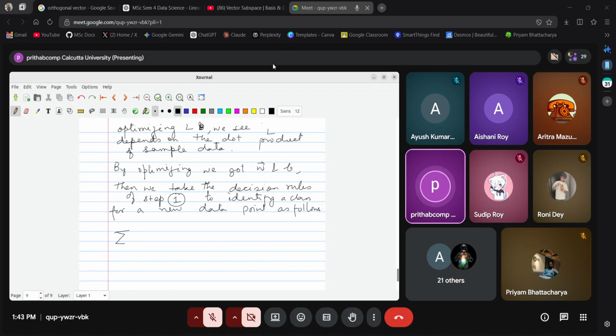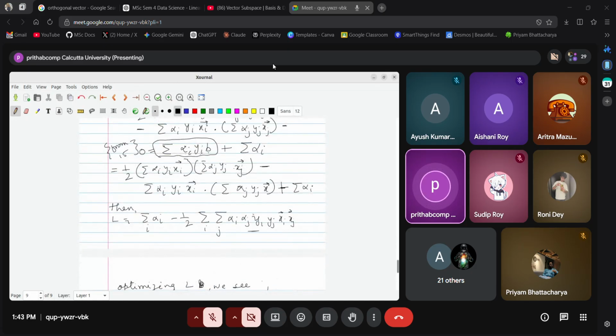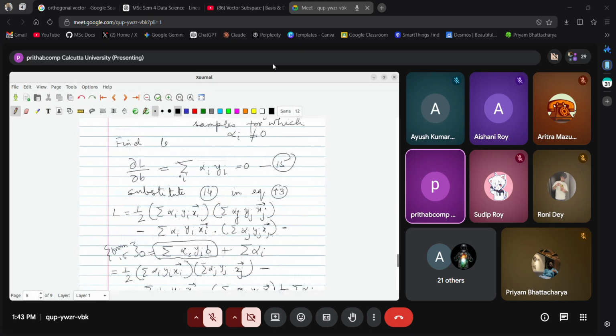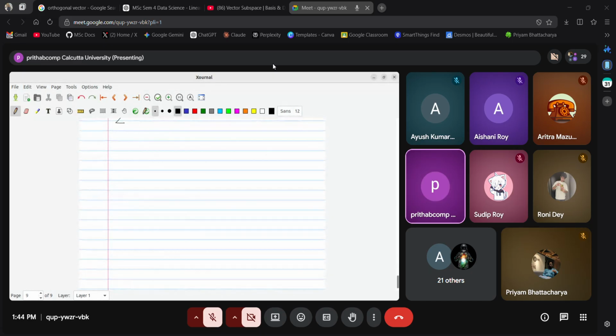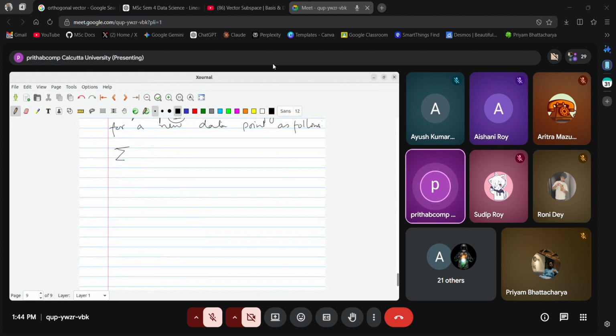So W we have found out, right? W value is nothing but the summation alpha i yi xi. This W corresponds to that data point xi dot, and this xi is this new unknown point u.